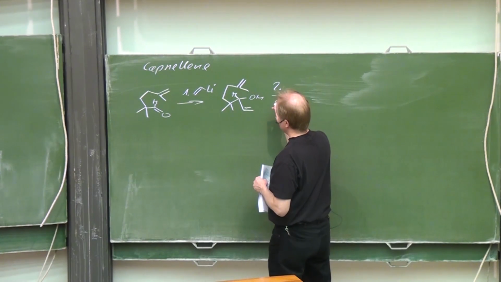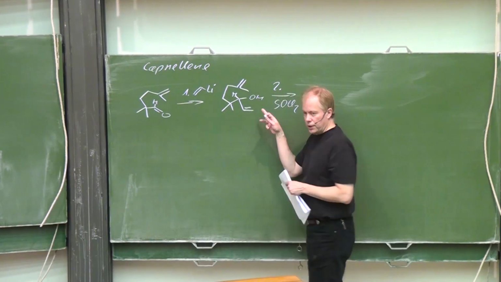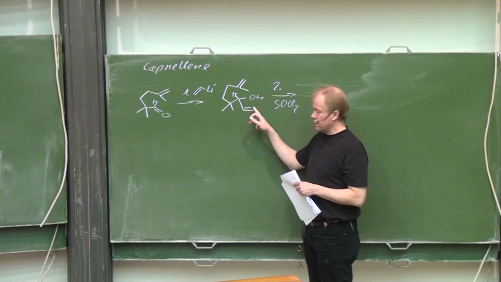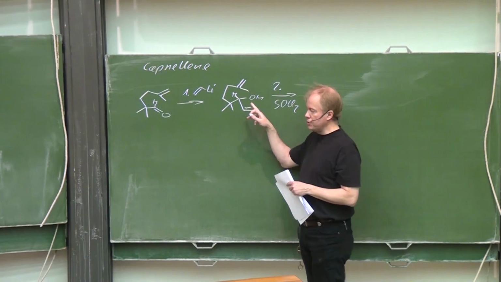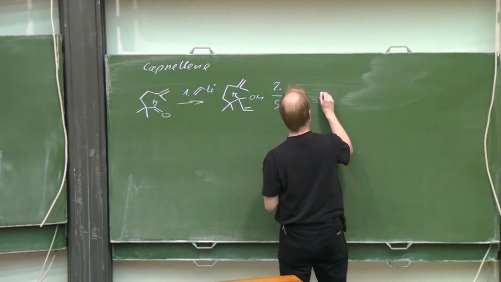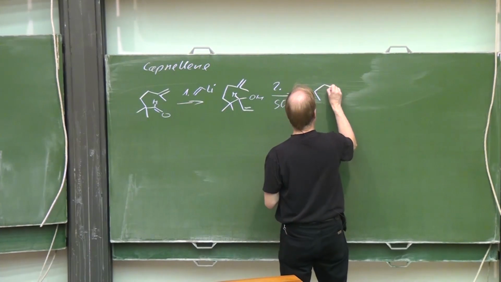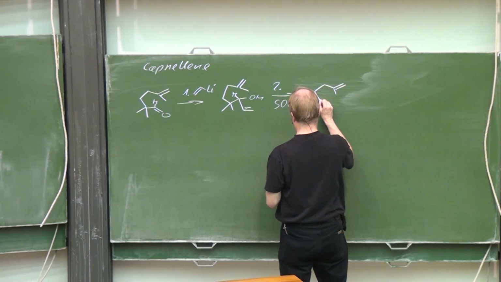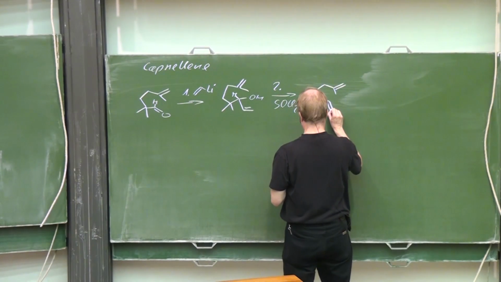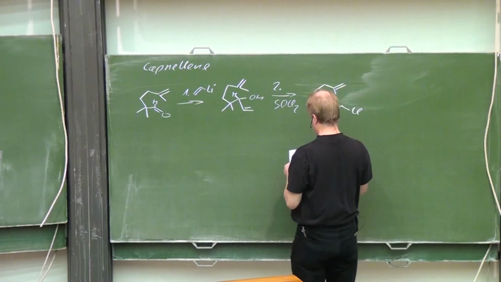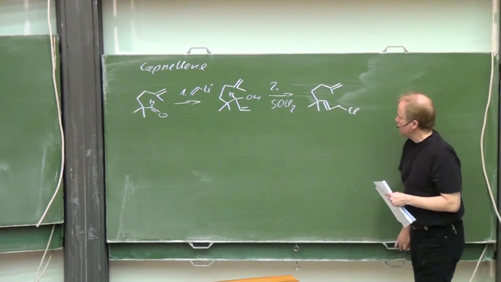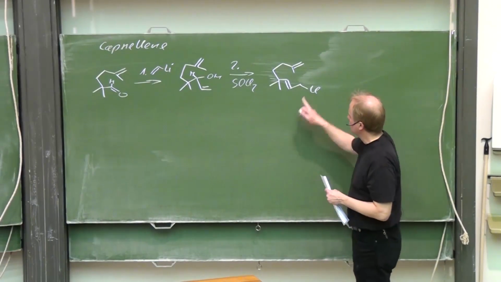Well, it exchanges the OH group against a chloride, and at the same time rearranges this system. And here we have now the allylic chloride.